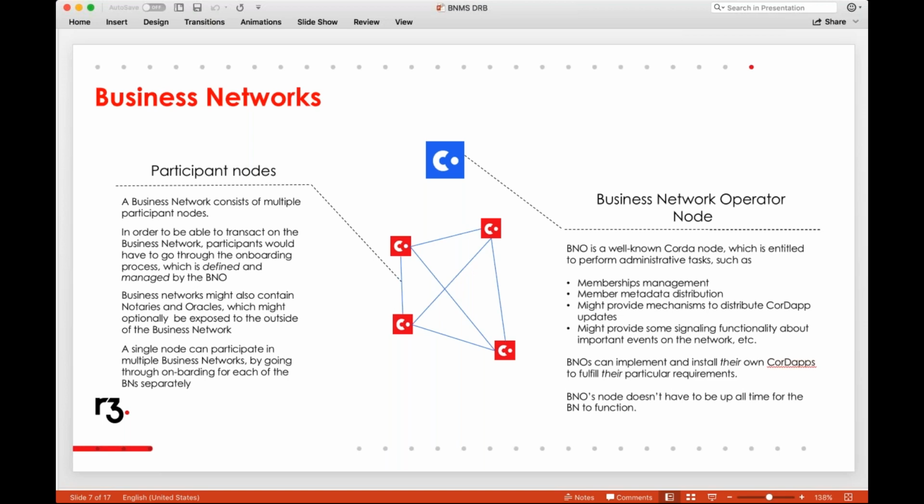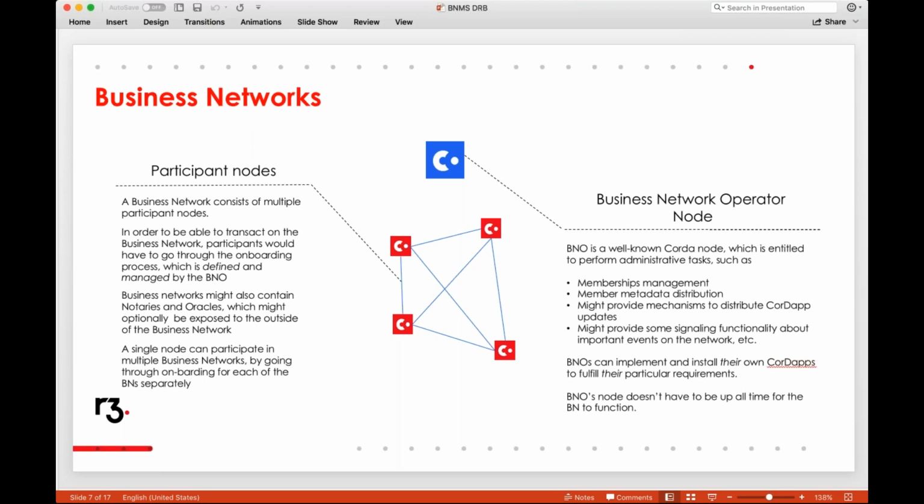The business network operator is entitled to perform administrative tasks such as membership management, like membership list distribution and customer onboarding. For example, he could distribute the Corda update. He could provide some signal functionality about important events on the network, and so on.